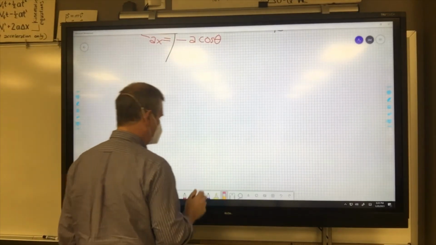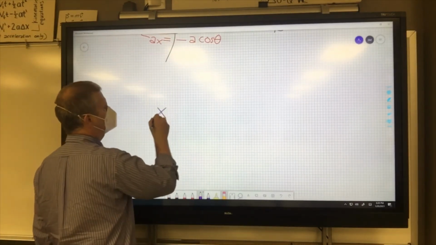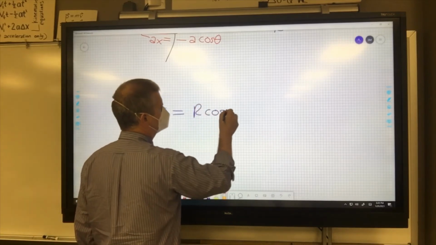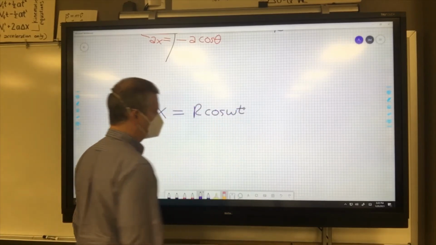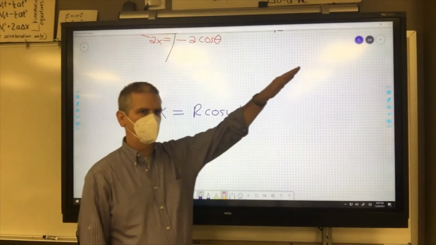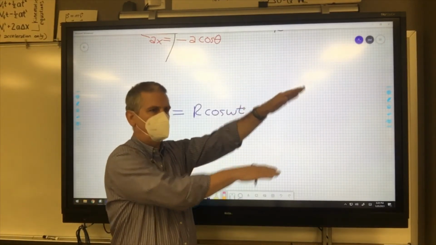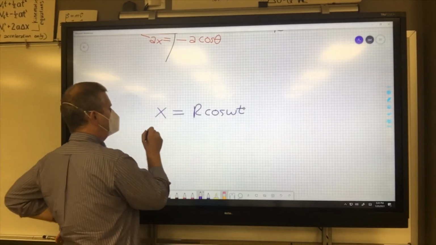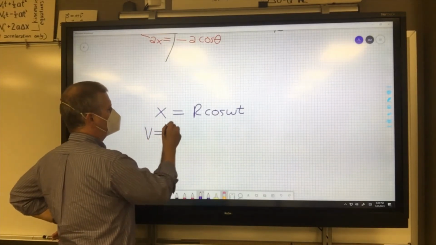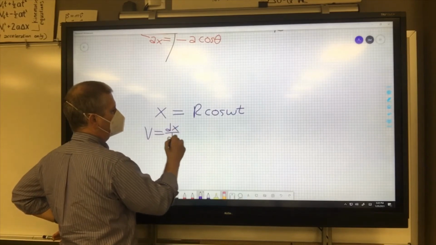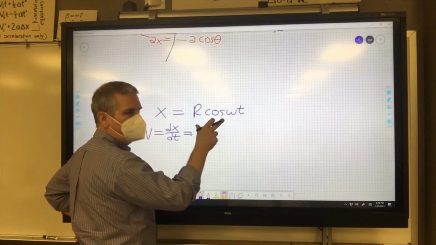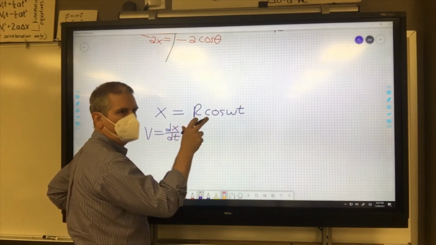We've done it a couple of times now, but let's do this. If x equals r times the cosine of omega t, we understand why it's cosine, right? Because you've got the angle here, it's adjacent in the x direction. If x equals r cosine omega t, then v equals dx dt, our basic definition of velocity, multiplied by the derivative of the whole thing.